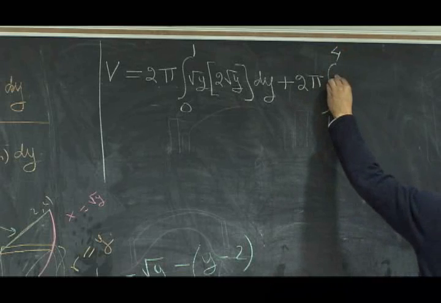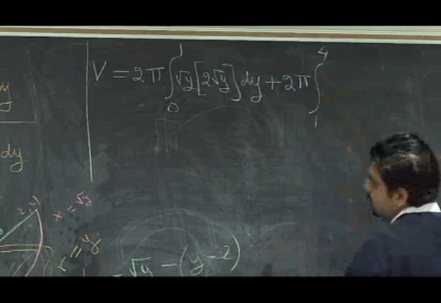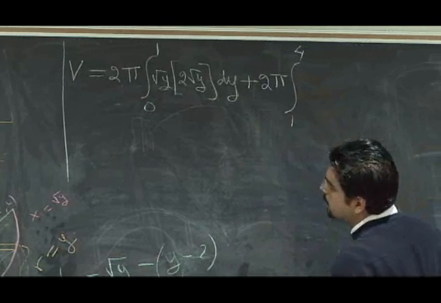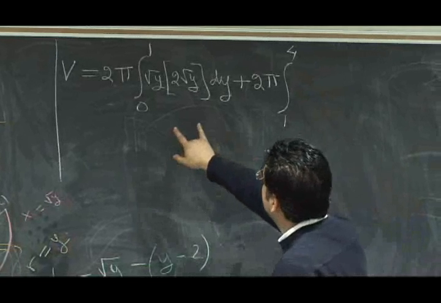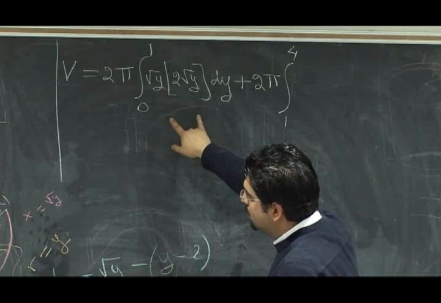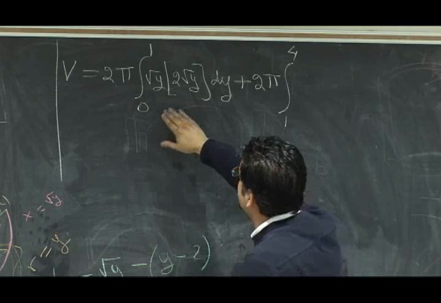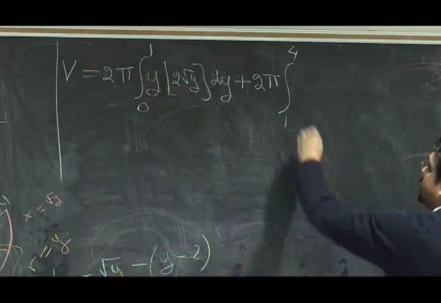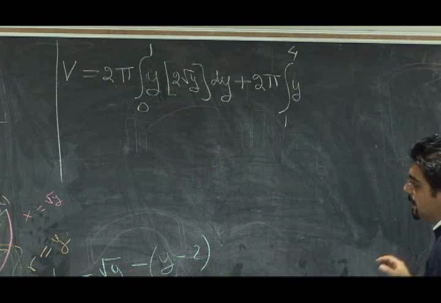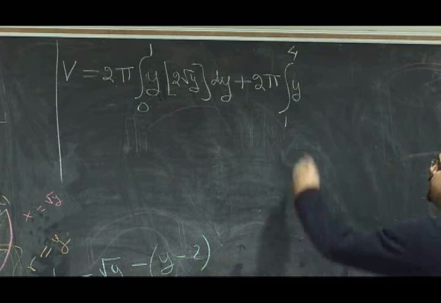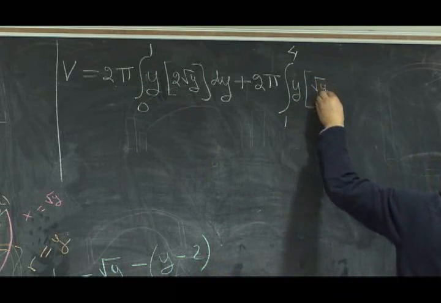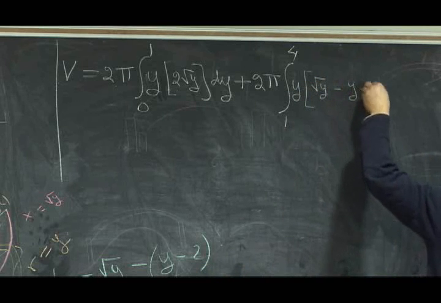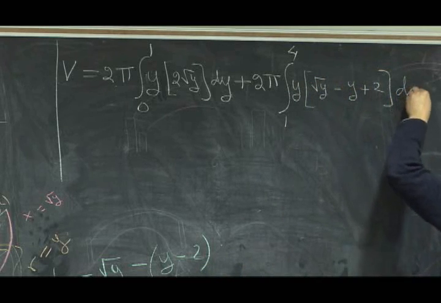The radius is y, and the height is this expression over here: square root of y minus y plus 2, dy.